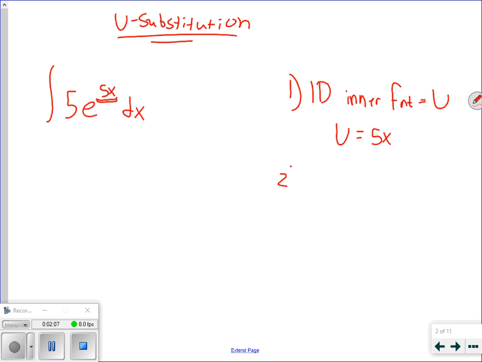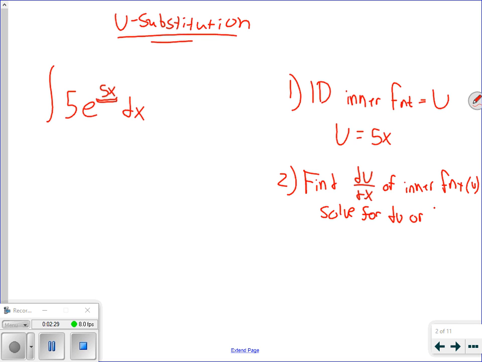Now, number two, we're going to do all this in scratch work over here to the side. We're going to find du over dx of our inner function. So we're going to take the derivative of this with respect to x, and then we're going to solve for du or dx.